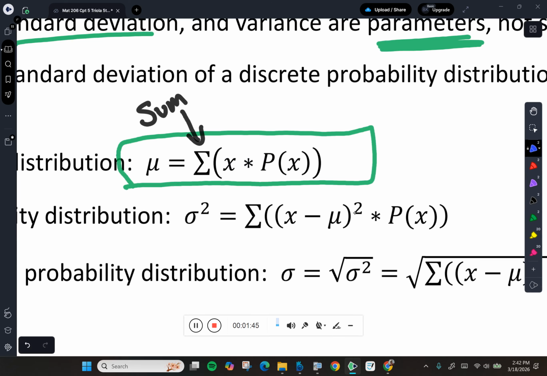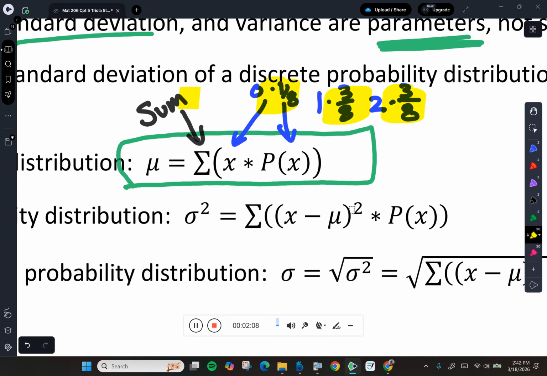Over here on the right, we've got x multiplied by p of x. So that's going to be like the number 0 times its probability, or the number 1 times its probability, or the number 2 multiplied by its probability. And then once we get all these values, we're going to add them up. And when we add them up, we get our mean.